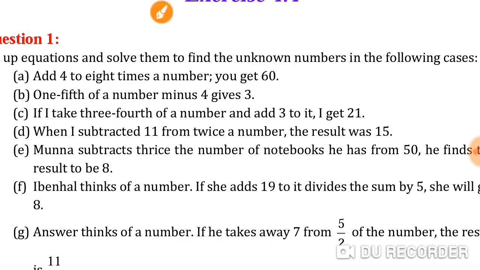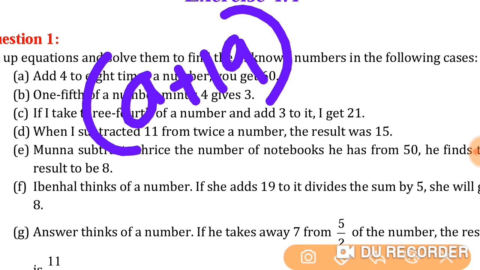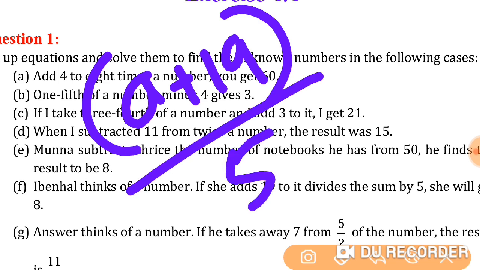In the same way, Ibn Hal thinks of a number, you can take as A. If she adds 19 to it, divides the sum by 5, she will get 8.